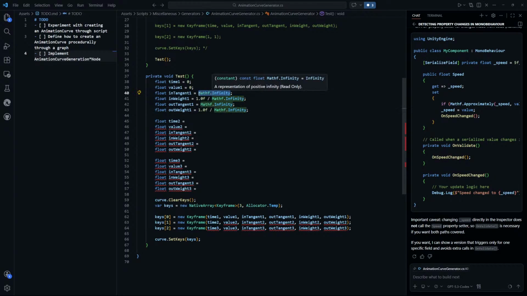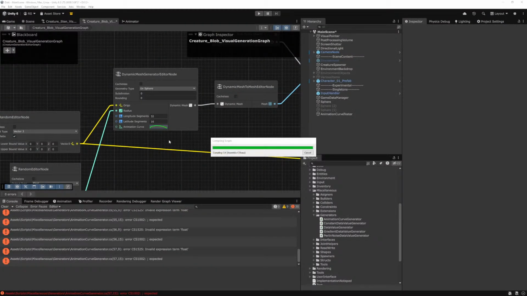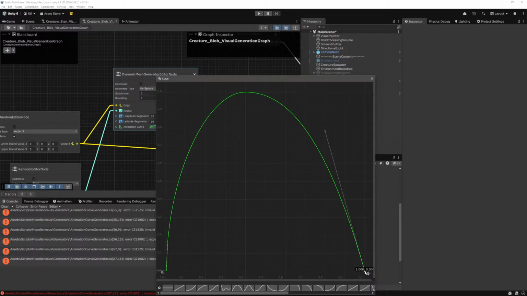In tangent, I think we're going to go with 0 and 0. And we want to do something very similar for the out. Let's see here. Nah, not really. Maybe. Or actually... 1, 2, 3. Yeah, 3 maybe.